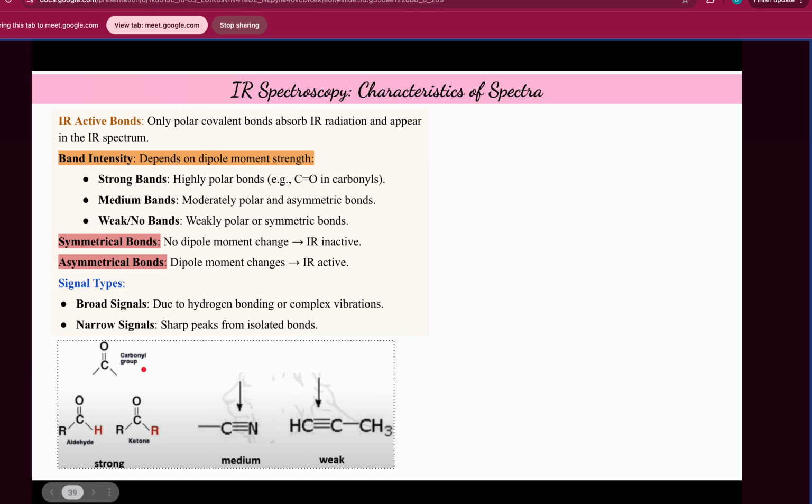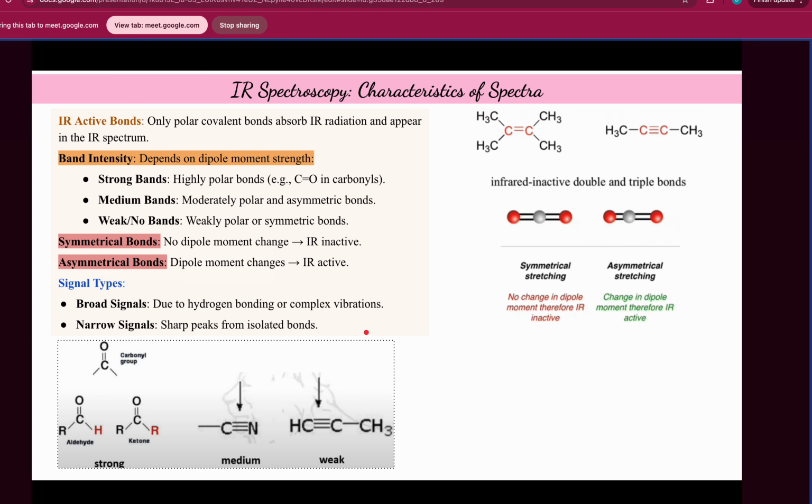In the case of the carbonyl group, aldehyde, ketone, you will see a strong IR band, whereas in nitriles, such as C triple bond N, you'll see a medium band. In the case of alkynes, you'll see a weak band.